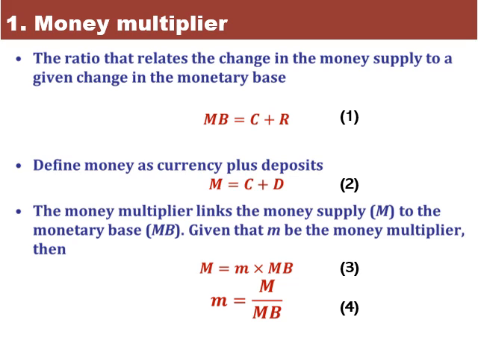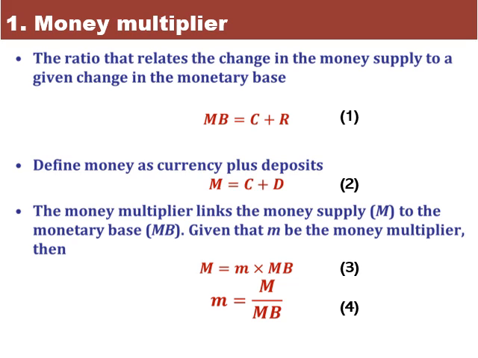Here, the monetary base consists of currency plus reserves, as we have seen in chapter 16 and as appears in equation number 1. So MB stands for monetary base, C stands for currency, while R stands for reserves. Recall from chapter 3 that money supply equals currency plus deposits.